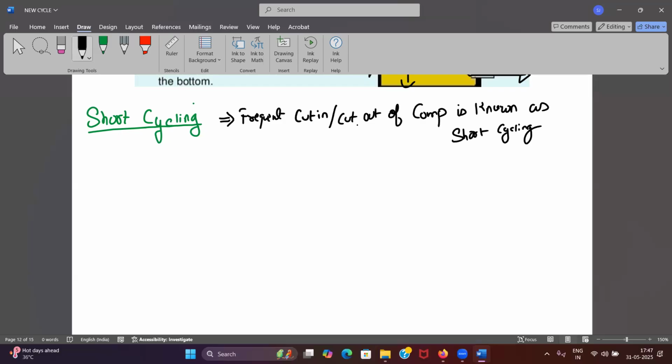Now what could be the reasons? Less amount of refrigerant in the system. Yes. So one could be the differential between cut-in pressure and cut-out pressure is very small.